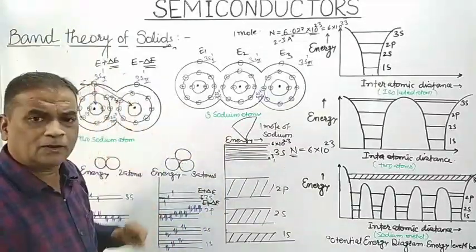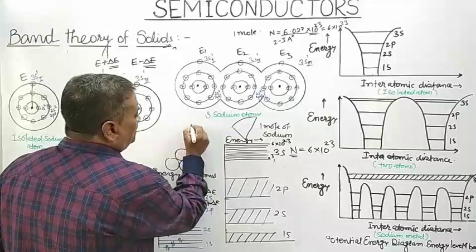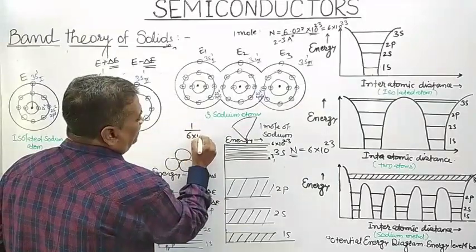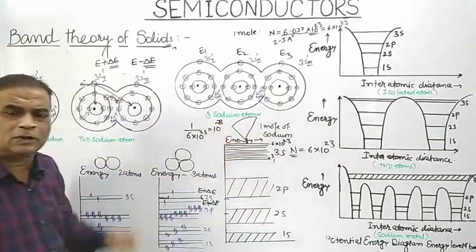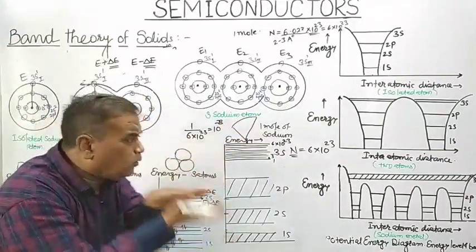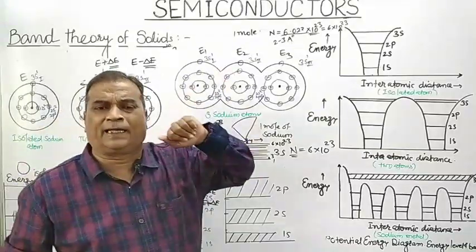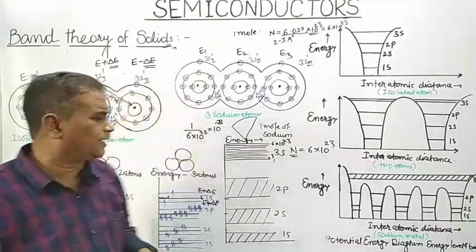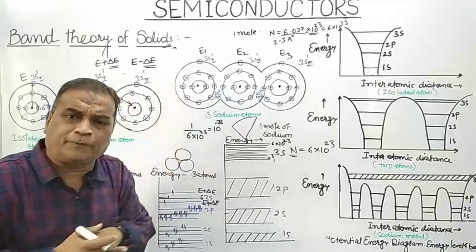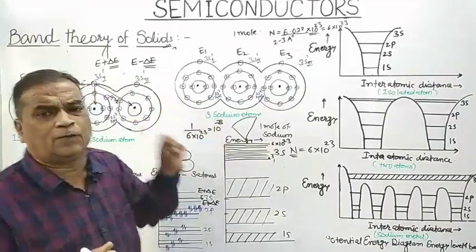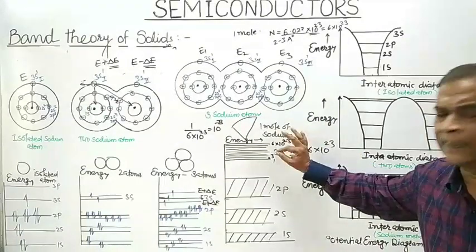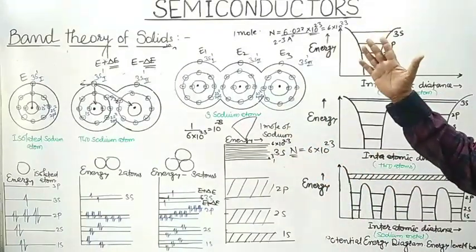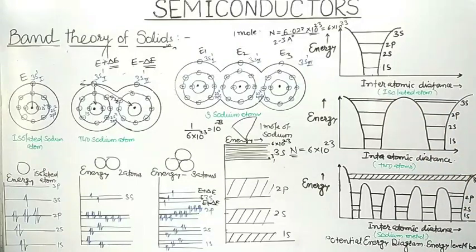The difference between two energy levels will be of the order of 1 upon 6 into 10 to the power 23, means it is 10 to the power minus 23. So, you can imagine how closely the energy levels are lying. In other words, you can say there is a continuum of energy, and this continuum of energy is called a band. Means that 3s energy level is now converted into an energy band.